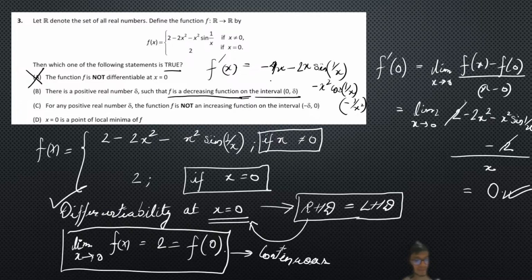If you look at the derivative, there is one more option, that x equal to 0 is a point of local minimum.